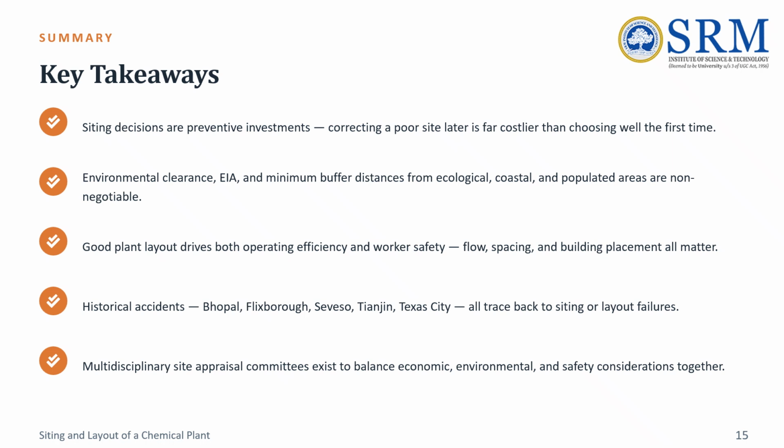Major industrial accidents around the world have demonstrated the importance of proper site selection and plant layout. Therefore, engineers must always integrate safety, environmental protection, and economic considerations when designing chemical plants.